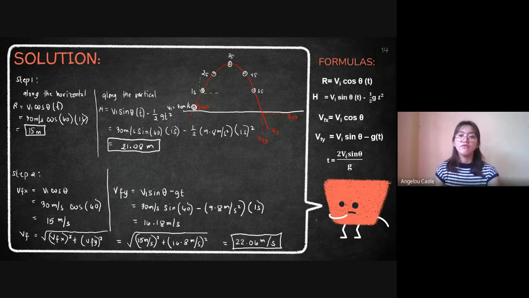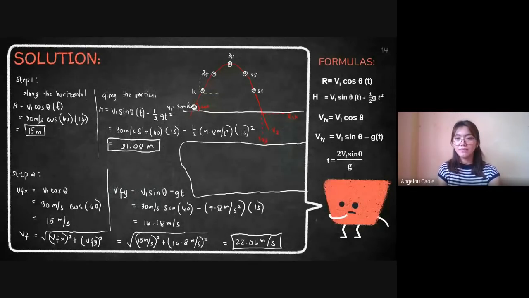Okay, for the total flight, let's just put our solution here. I'll just draw a box for the total flight since there's no space. Anyways, we're just going to substitute it. So 2 times velocity, that is 30 meters per second.